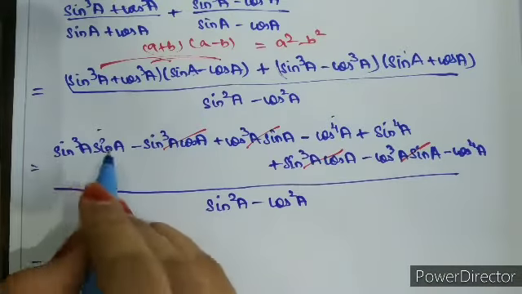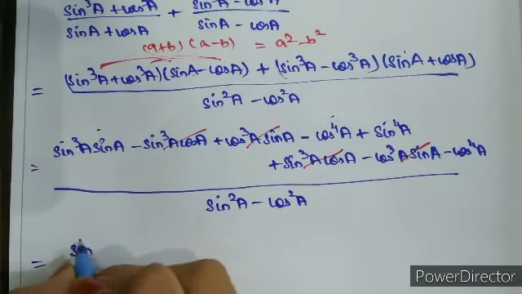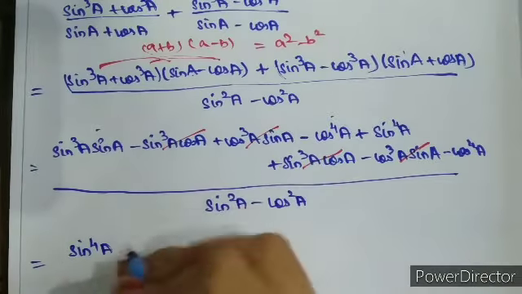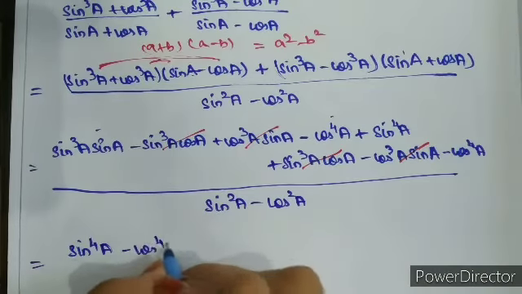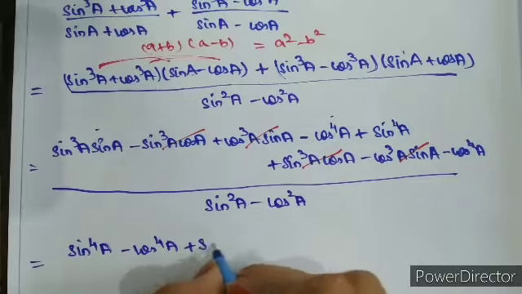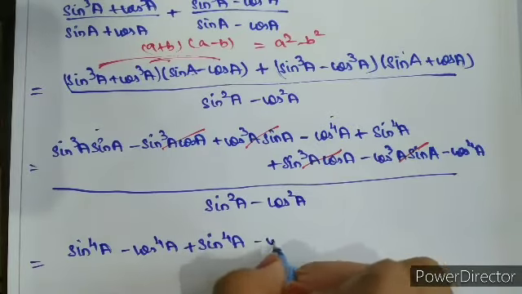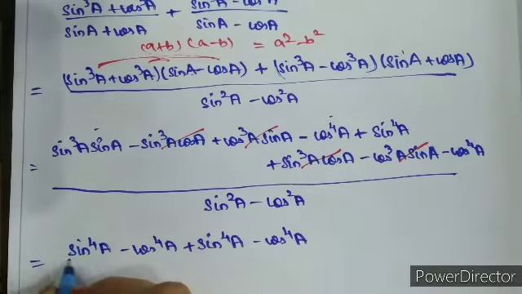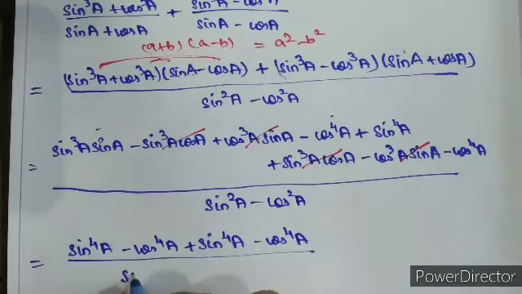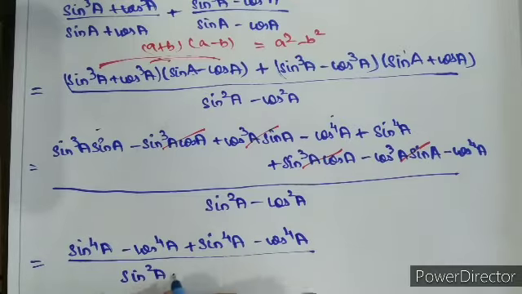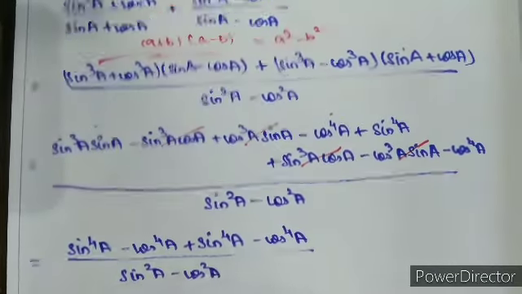Here sin cube A into sin A is sin power 4A, minus cos power 4A, plus sin power 4A, minus cos power 4A, divided by sin square A minus cos square A.